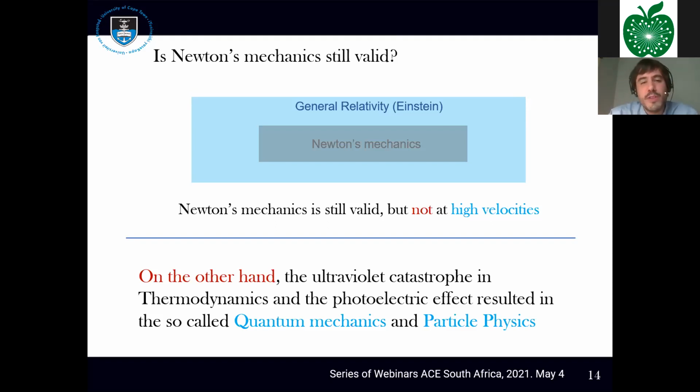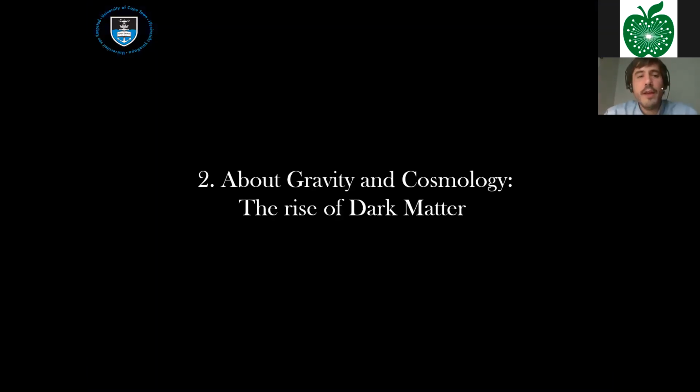What we call the ultraviolet catastrophe in thermodynamics, I'm not going to get too much into detail here, and the photoelectric effect resulted also in a revolution that we call quantum mechanics and particle physics. So this combination of general relativity and quantum mechanics is what we call modern physics, okay? Good. So we have modern physics.